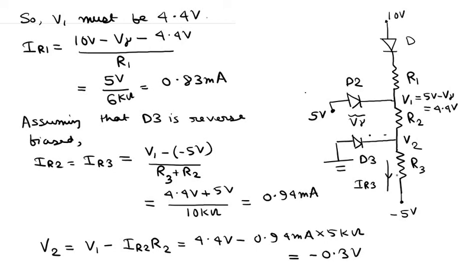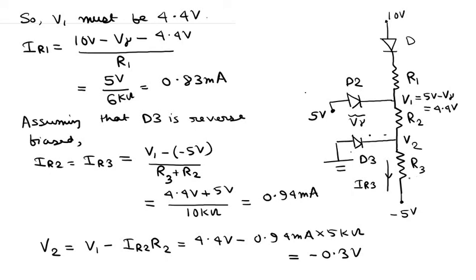Okay, so if the voltage at this node is actually minus 0.3 volts, then this diode D3 is not in a conducting state, because to take the diode D3 to a conducting state, the voltage across this diode D3 must be equal to V gamma, or must be at least V gamma. Okay, so since the voltage across the diode according to our calculation is minus 0.3 volts, the diode D3 is not in a conducting state.